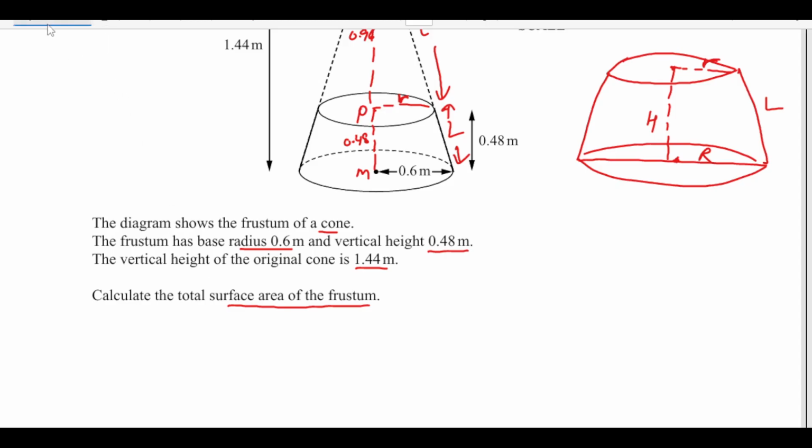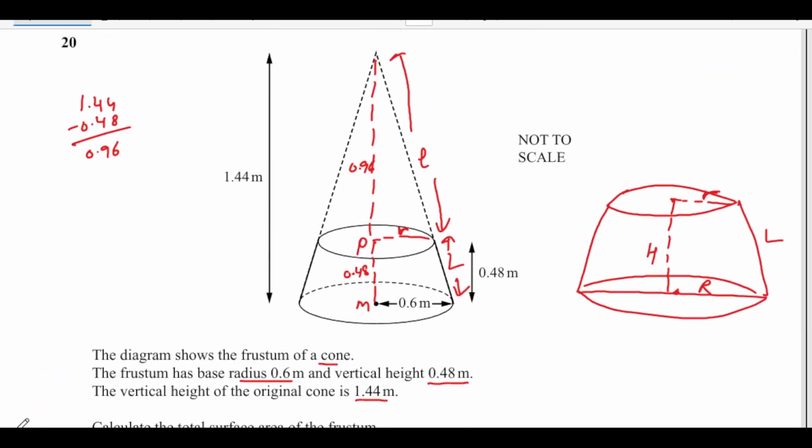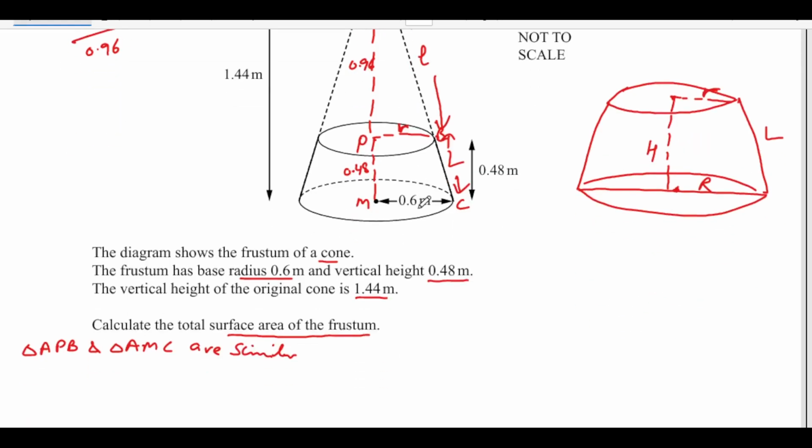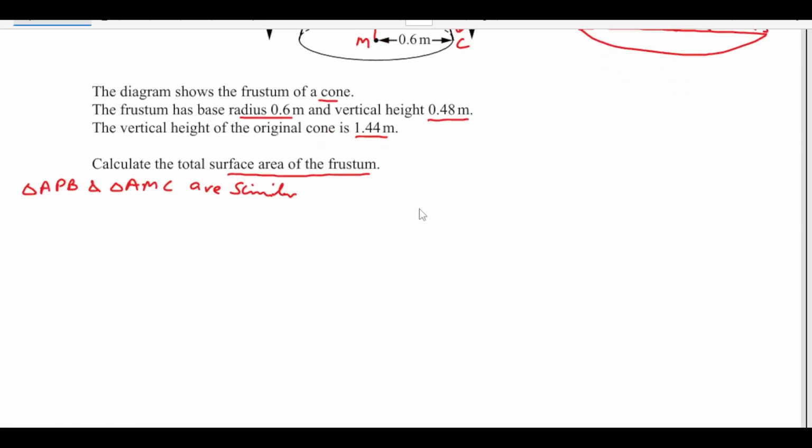Now I will take triangle APB and triangle AMC, which are similar. You can see we have this triangle here, this is A, this I have taken as B, and this is C. So triangle APB and AMC, these two triangles are similar.